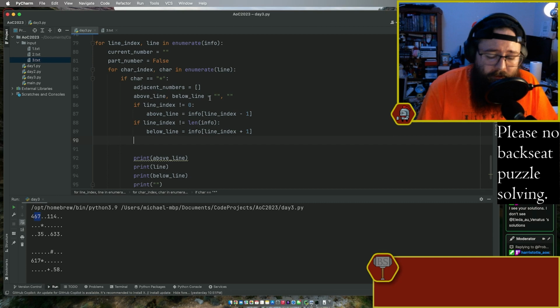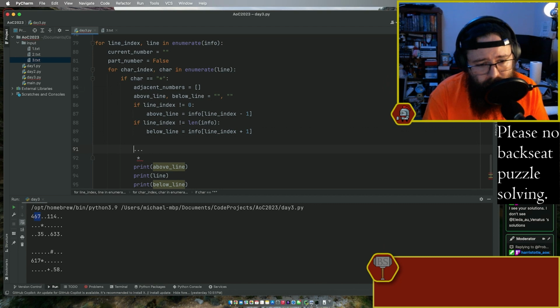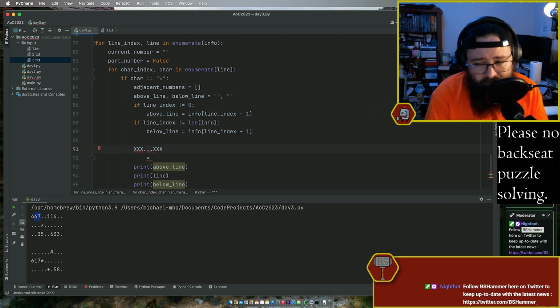So, trying to figure out how to deal with this. I have a star here. Then if I have a number here, I need to scan left till I've finished looking at it.